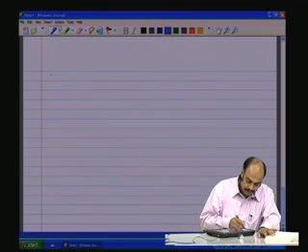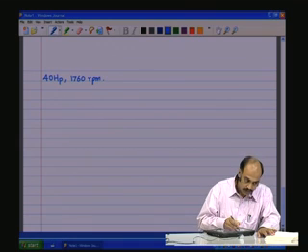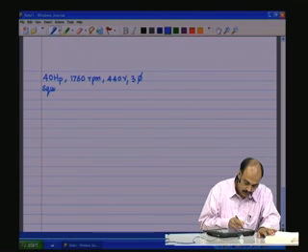So we have a 40 HP, 1760 RPM, 440 volts, 3-phase squirrel cage induction motor.